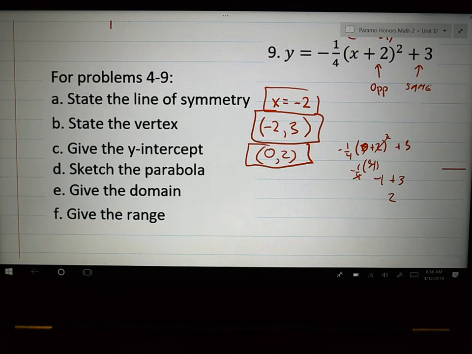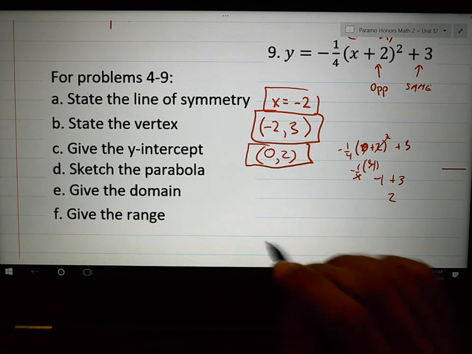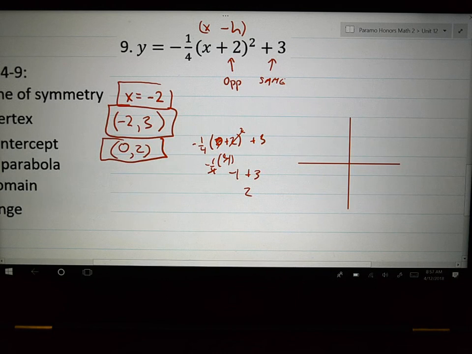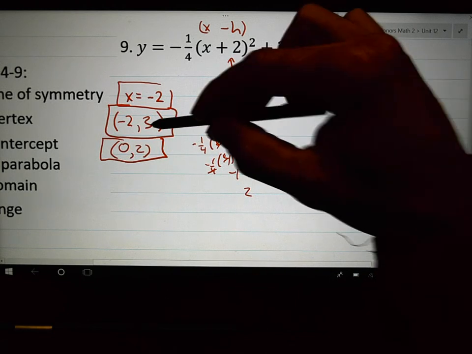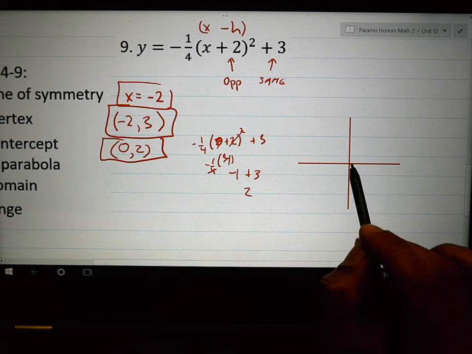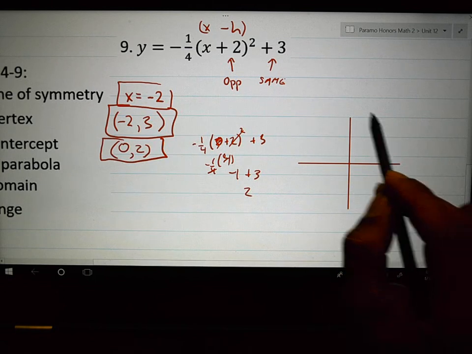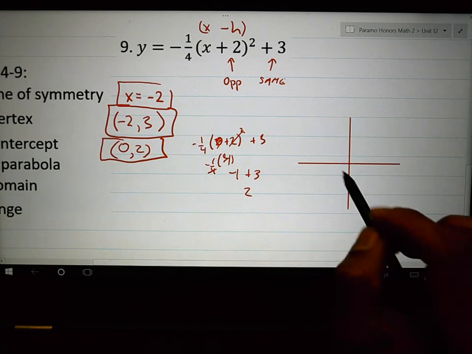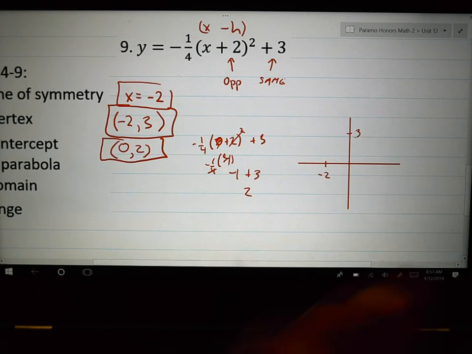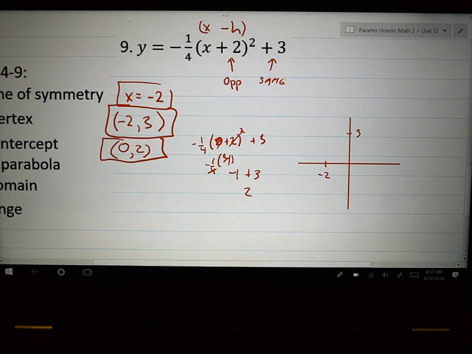Part D, sketch the parabola. I'm going to go over here and sketch it on this thing. Do you know where your vertex is? -2, 3. I hope you know what quadrant that is in. If I start here, and I'm going to go in quadrant 2. -2. You don't have to be too detailed. I usually just guesstimate. -2 is this way, 3 is that way.